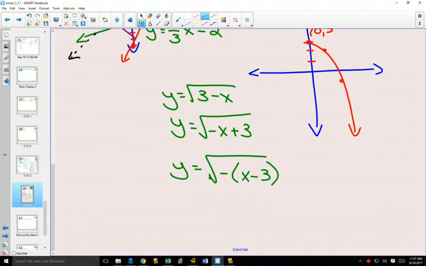So what would that do? You would have this point here, and it would look like that. That is a square root graph flipped over the y-axis and then moved 3 to the right.